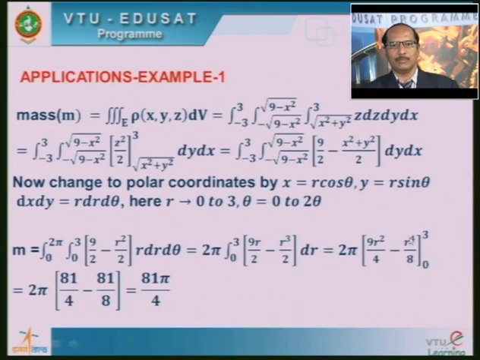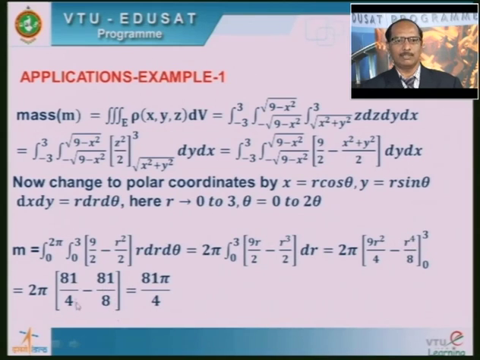Now substitute the upper limit 3 and lower limit 0 in place of r. For r equal to 3, 3 square is 9, 9 into 9 is 81, so 81 upon 4 is the first term, minus the lower limit r equal to 0, which gives 0. Next the second term, minus r raised to 4: 3 raised to 4 is 81, divided by 8.